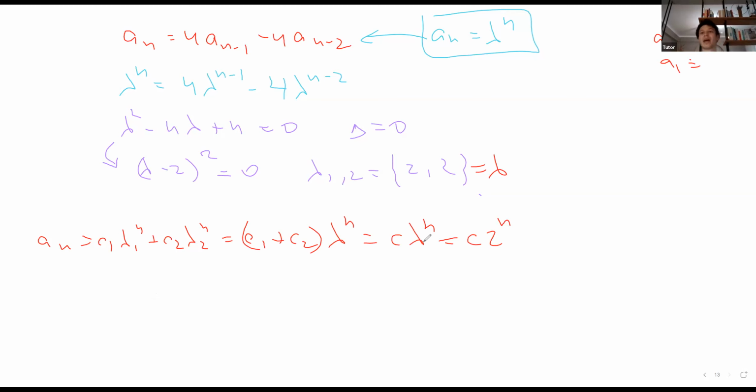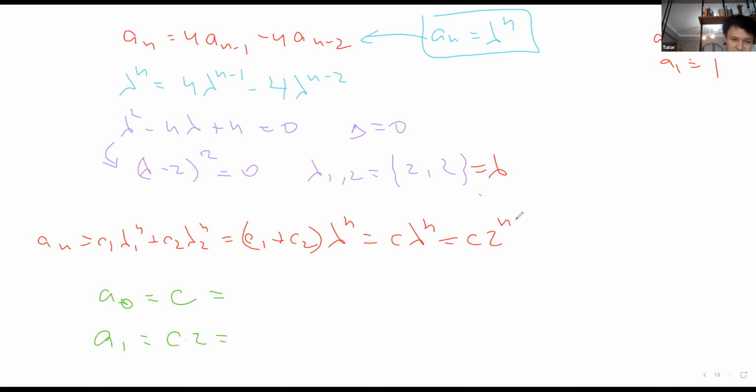Now this is bad because, what if I started with a sequence that was 0 and 1? So what if my sequence started with a_0 equal to 0 and a_1 equal to 1? Then this would be problematic because this wouldn't have any solution. a_0 is just going to be equal to c times 2 to the power 0, and then a_1 will be equal to c times 2.